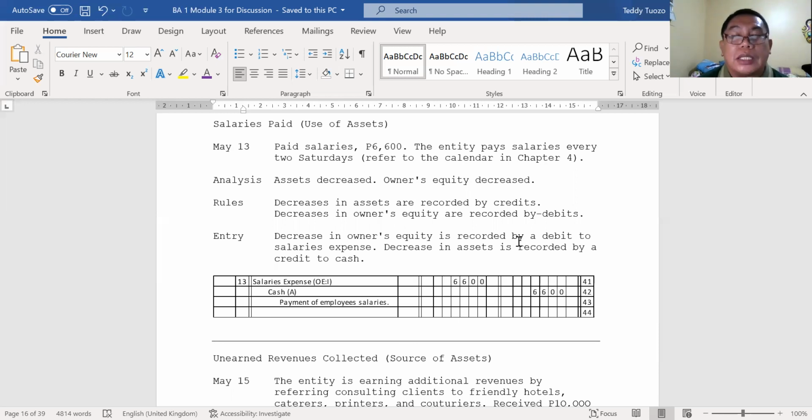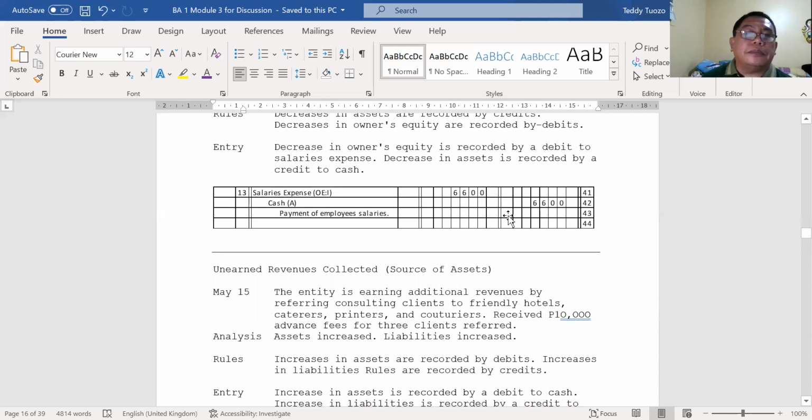The expense account has a normal balance of debit. Since it is increased in this transaction, the salaries expense is debited. And of course, basta paid, automatically your credit entry is cash, also for 16,600.